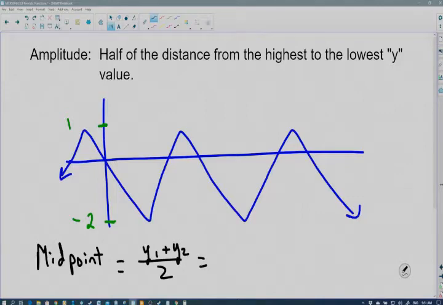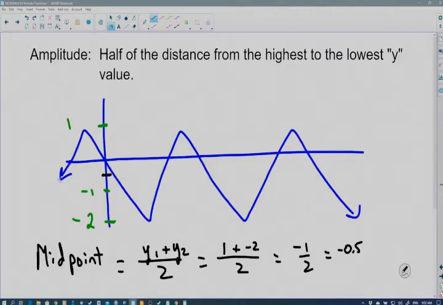It doesn't matter which ones we choose as y1, so I'm going to use 1 plus y2, which is -2, divided by 2. That gives -1/2, which is -0.5, right? -1/2. So if -1 was here, my midpoint is right here.